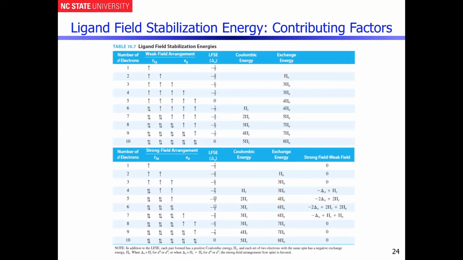So now if we go to the table that's presented here, and no really big surprise here, these are the ligand field stabilization energies for every possible d electron configuration in the weak field or high spin configuration. And then below is for the strong field and generates the low spin configurations. And you can see the net result of how this will play out.